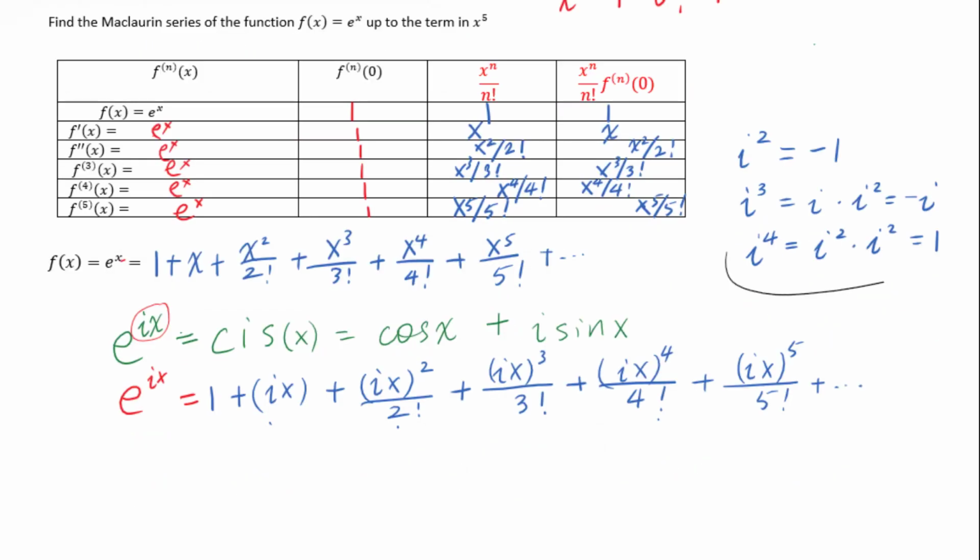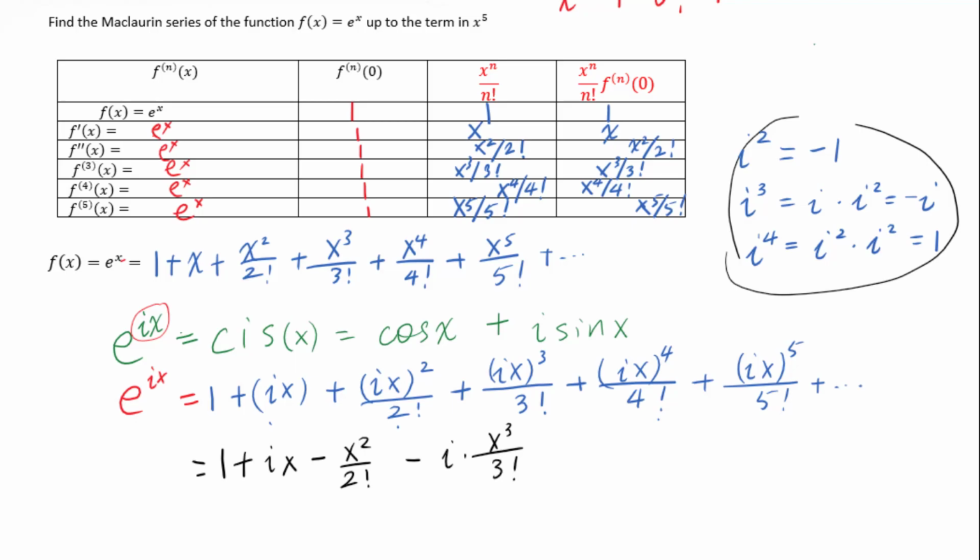We will use this rule to work out e to the ix power: 1 plus ix minus x squared over 2 factorial minus i times x to the third power over 3 factorial plus x to the fourth power over 4 factorial plus i times x to the fifth power over 5 factorial, and so on.